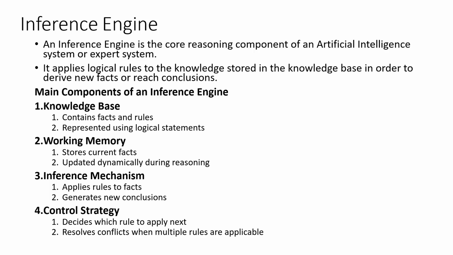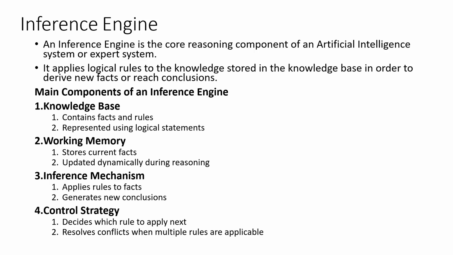After reasoning, the new conclusion will also be added to the working memory. Then inference mechanism means we are applying rules to the facts. The inference engine matches the facts, applies the rules, and derives new facts, and these facts will be added to the working memory.